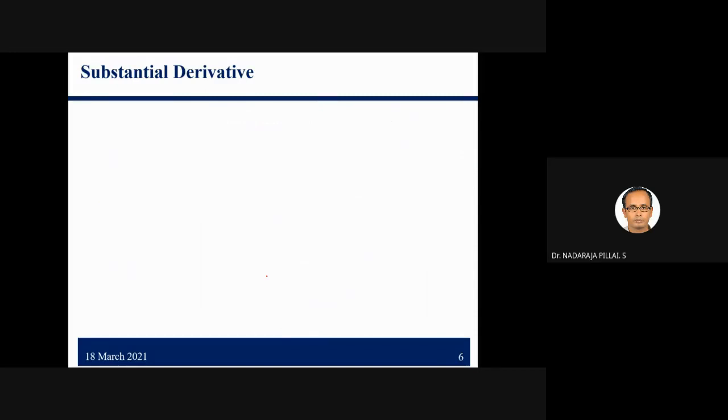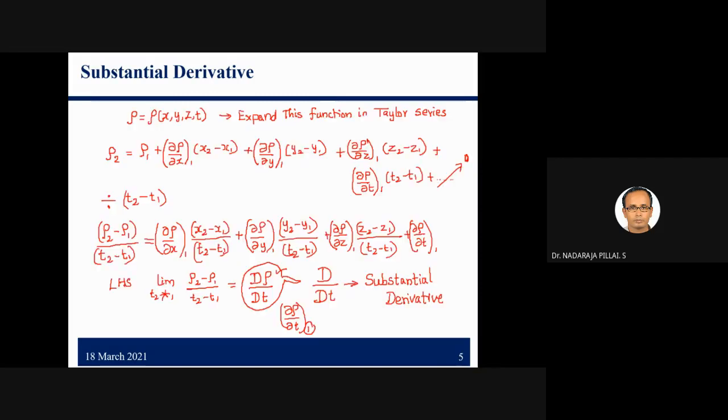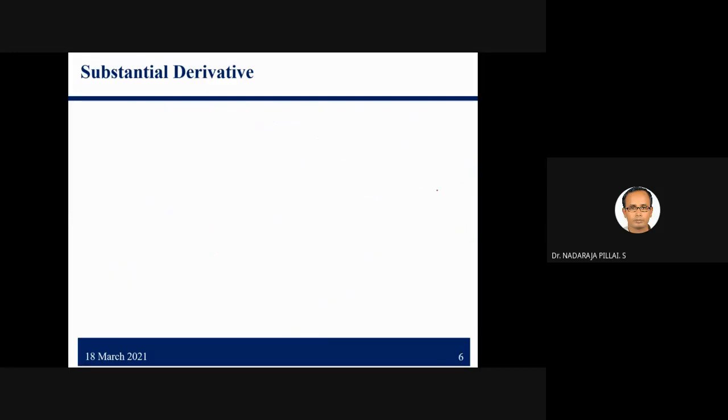So let us come back to the equation. We have this equation, right? In this equation 1, we have written rho 2 minus rho 1 by t2 minus t1. Now, by considering the limit t2 tends to t1, the x2 minus x1 by t2 minus t1, what is this?